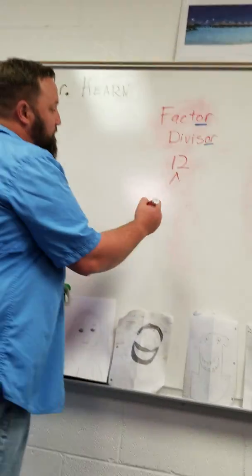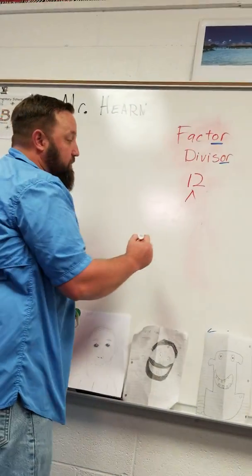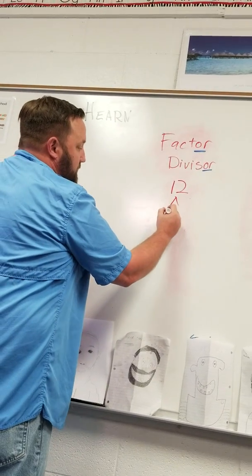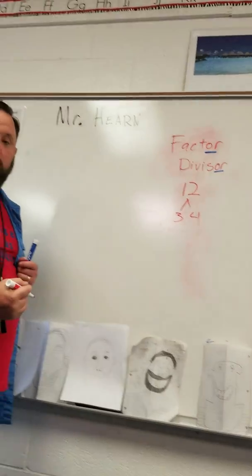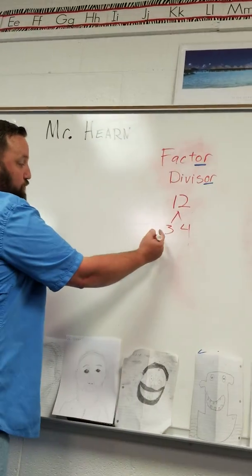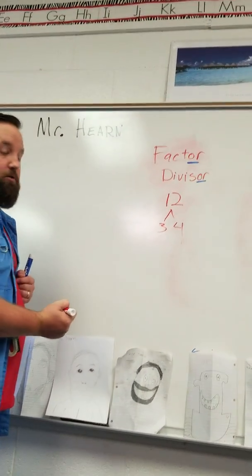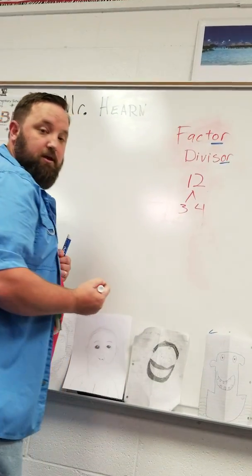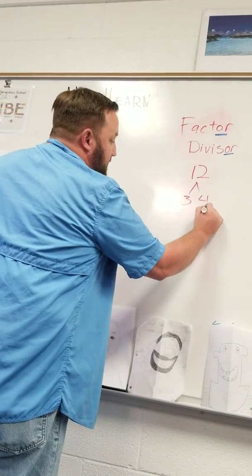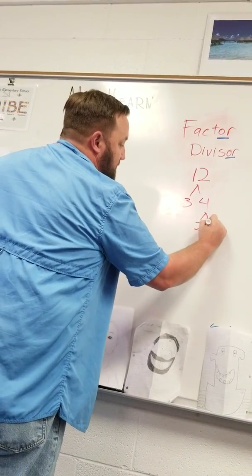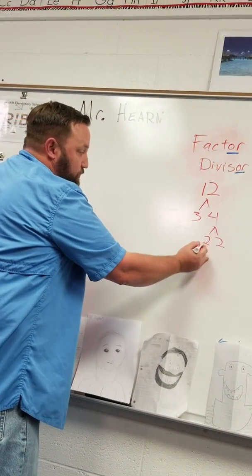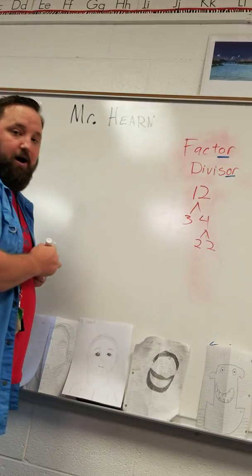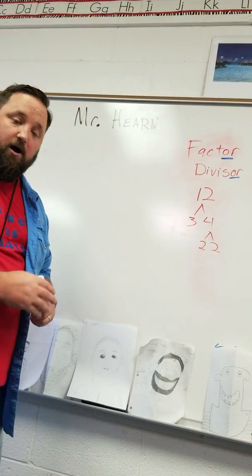So 3 is a prime number. 4 is not, so I can continue to factor 4. So I come down and I've got 2 and 2. If I multiply 2 times 2, I get 4. 4 times 3 gives me 12. So those are my factors of 12.